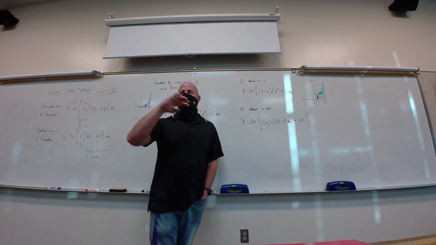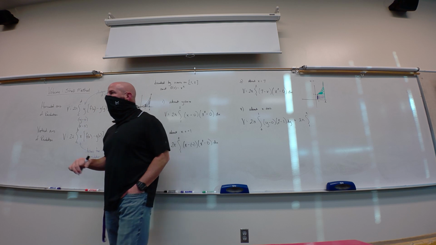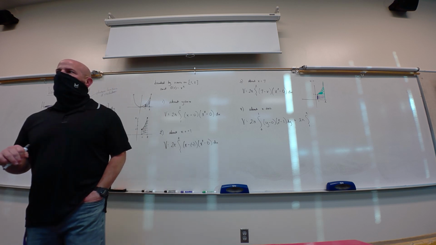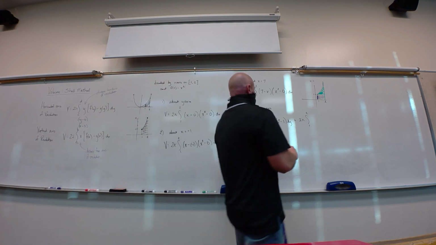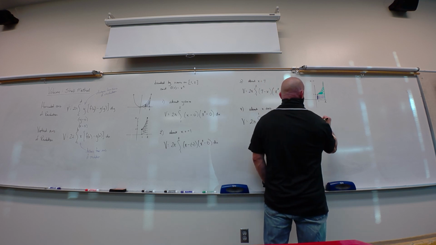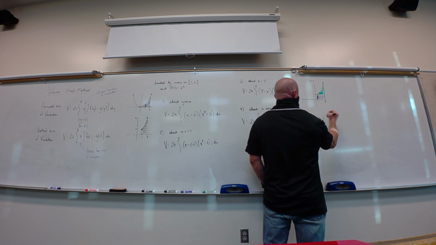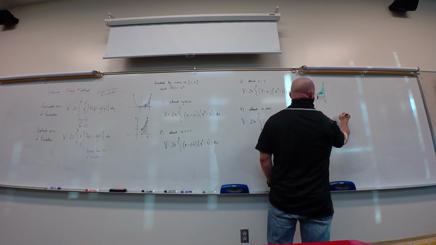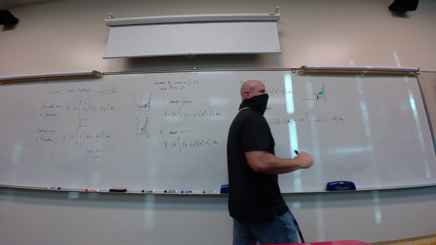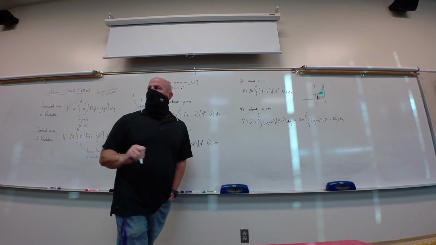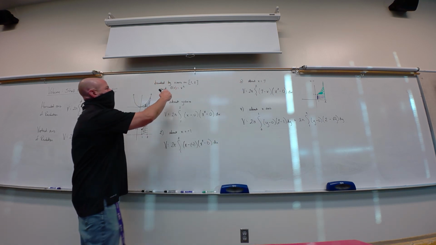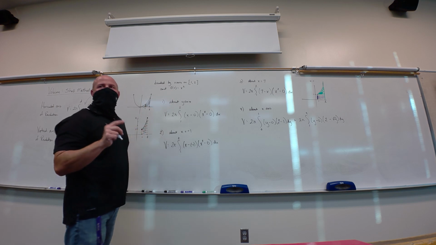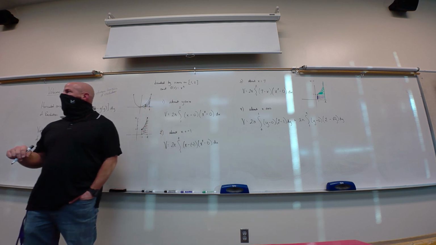Now I'm going up to the green. It's not a triangle, but it kind of looks like a triangle. Still y minus 0. Right minus left would be 2 minus root y dy. Remember, I have to have y's in there, and that original function was y equals x squared, so that means x equals root y. Solve for the other one.